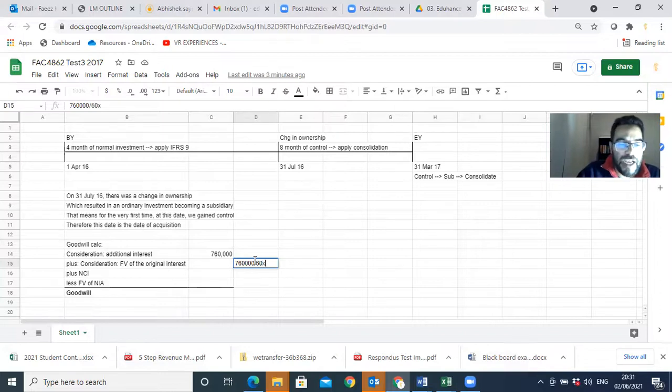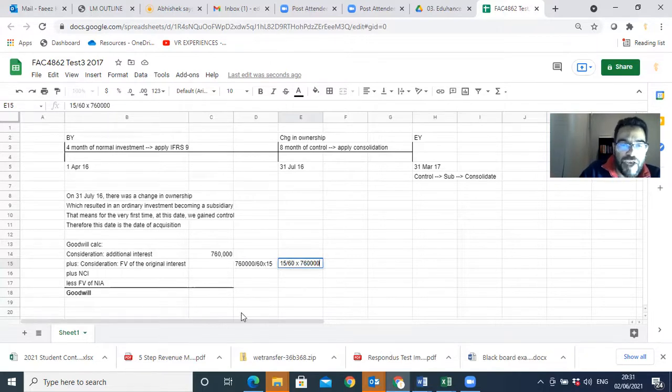And then if we multiply that by the 15, we will get the fair value of the 15%. So to put it a better way, you'd have said 15 divided by 60 multiplied by 760.